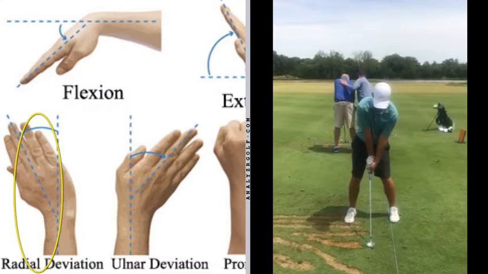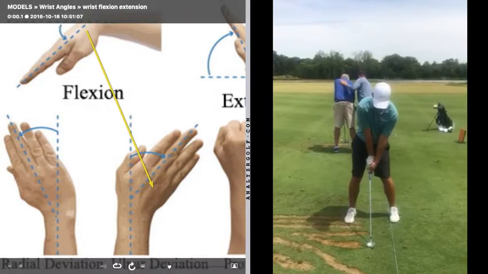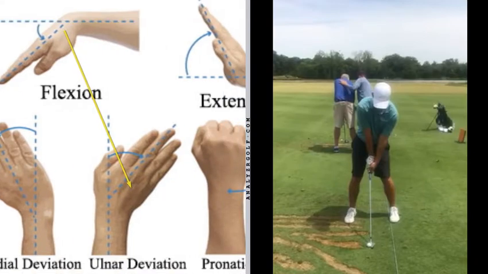The interesting thing about these four movements is that they're coupled together. The wrist is designed to move in two of these ways together. So flexion is coupled with ulnar deviation, and extension is coupled with radial deviation.